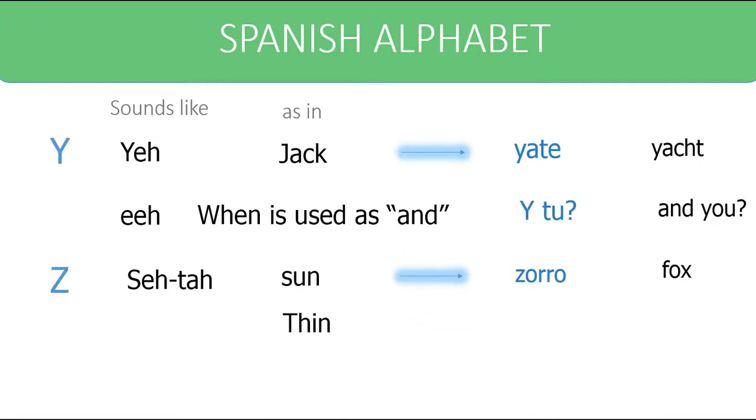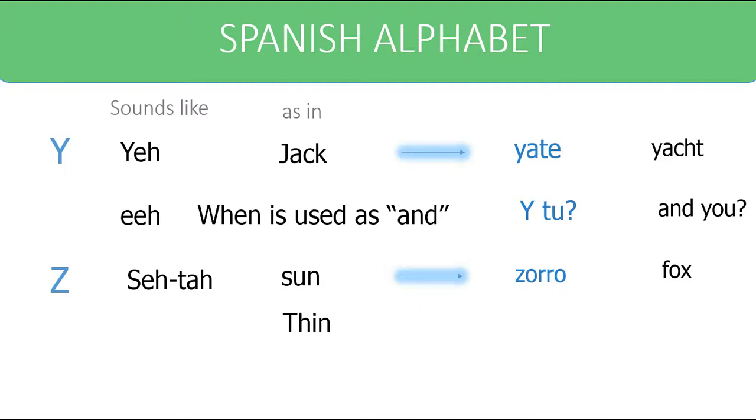Let's move on with letters Y and Z. Letter Y in Spanish sounds like "y," as in "jack." An example will be the word "yate," that means yacht. And this letter in Spanish is also used as "and," and it sounds like "e."